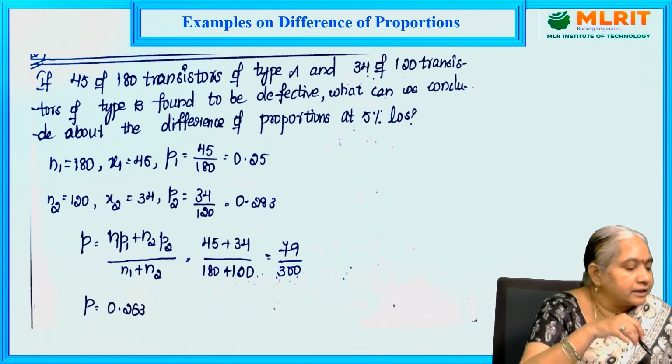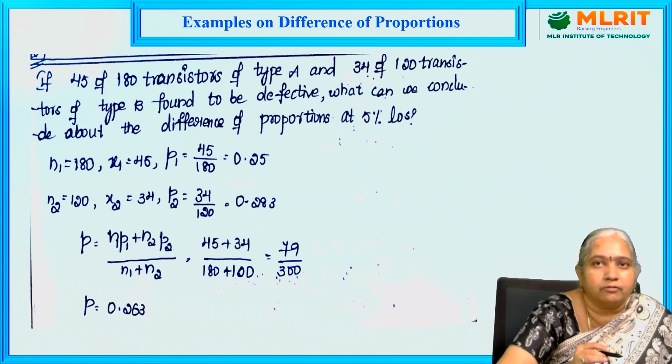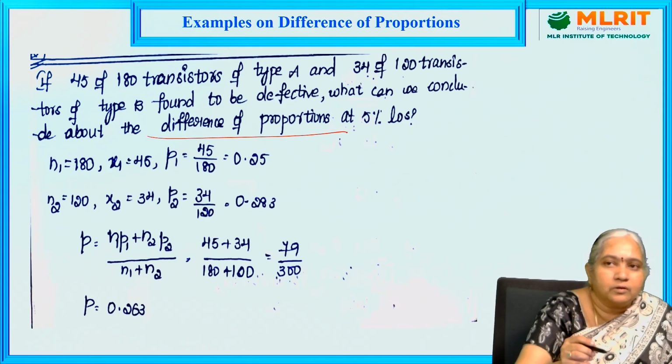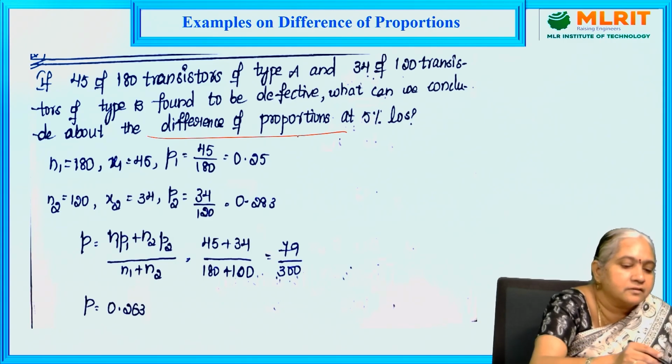See the next example. If 45 of 180 transistors of type A and 34 of 120 transistors of type B are found to be defective, what can we conclude about the difference of proportions at 5% level of significance? So the question asks to test the hypothesis of difference of proportions.